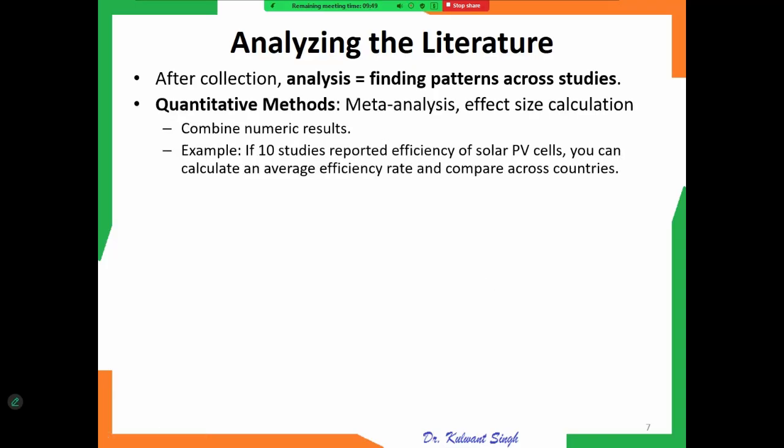So first are the quantitative methods: meta-analysis and effect size calculations. Under the quantitative methods, we combine the numeric results. For example, if 10 studies reported the efficiency of a solar photovoltaic cell, you can calculate an average efficiency rate and compare across the countries.